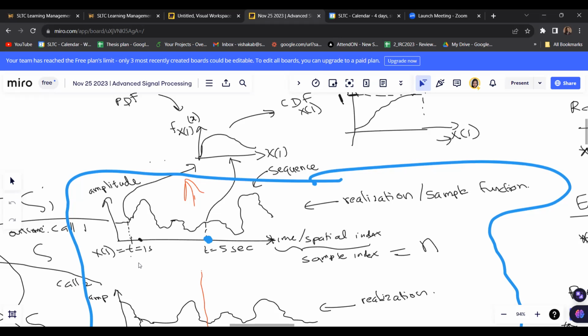What I mean is that if you consider another time instance, let's say t equals 5 seconds, that time instance is another random variable of this random process. So this random process is defined by the random variables, which are again specified by the time instance, basically, right? That is the basic idea that I want to discuss with you regarding the random processes and the random variables in that random process, right?